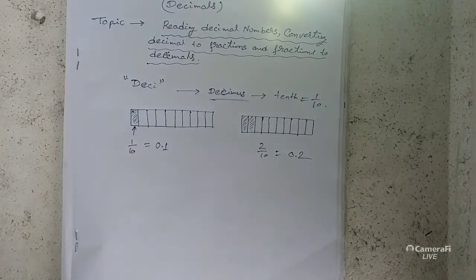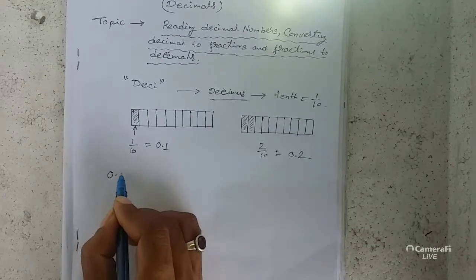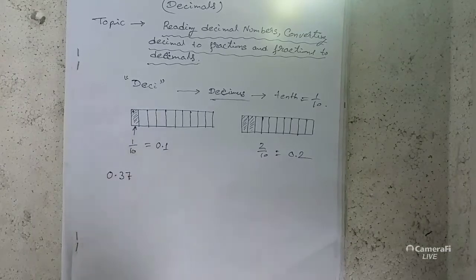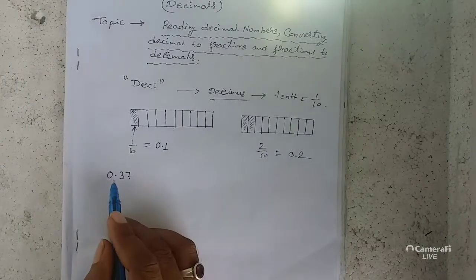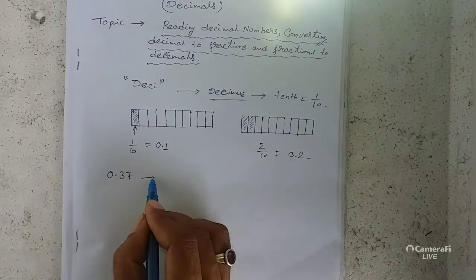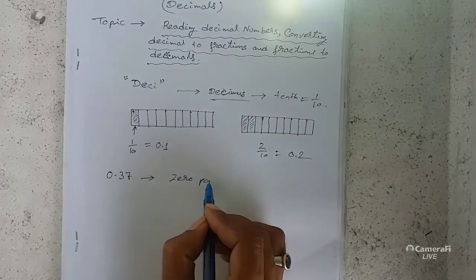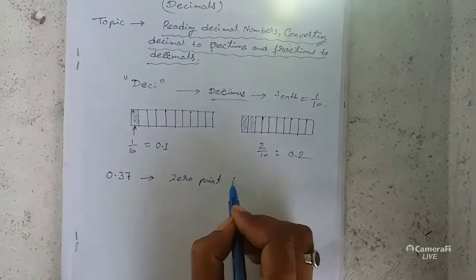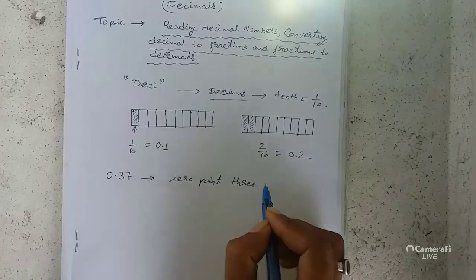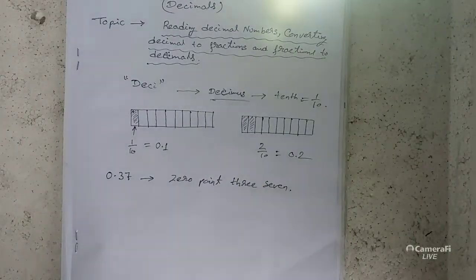Now how can we read a decimal number? Suppose I have written here 0.37. Then how can we read it? We can read it as 0.37.